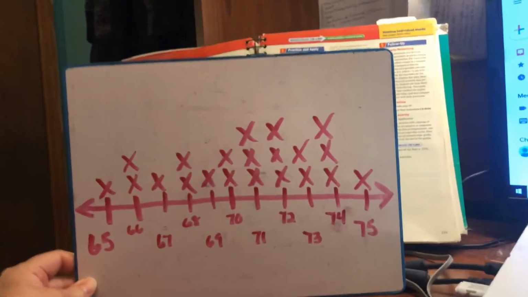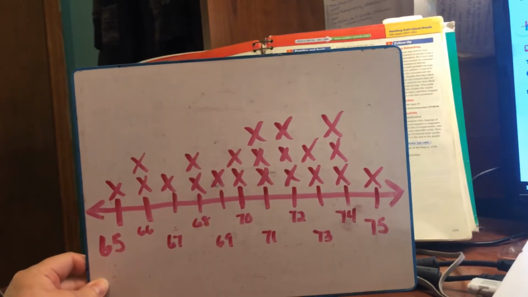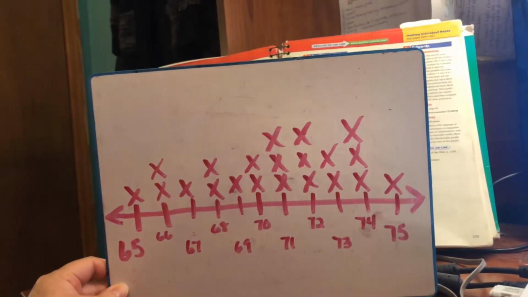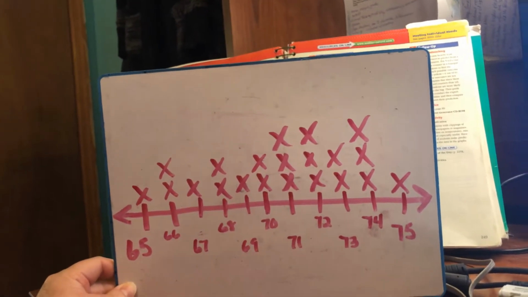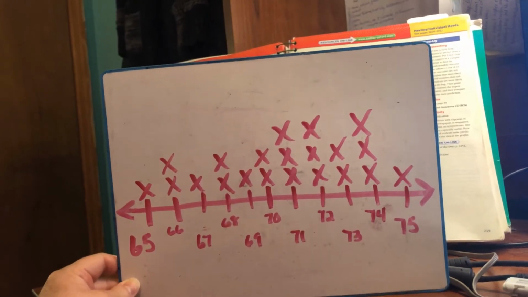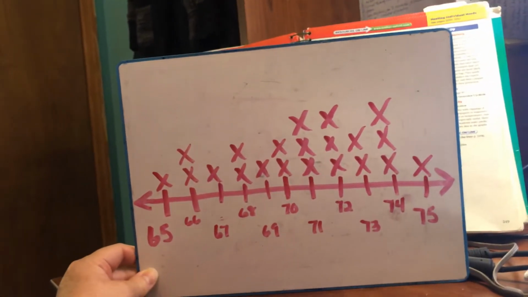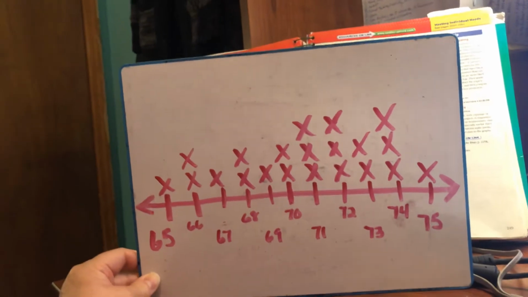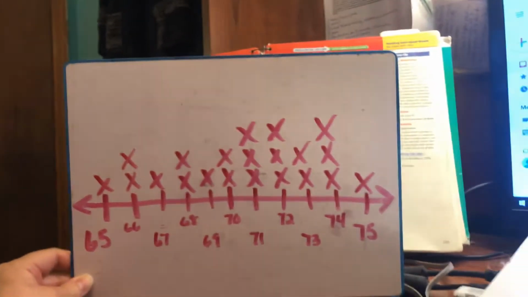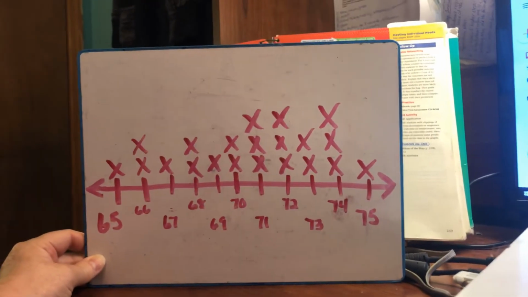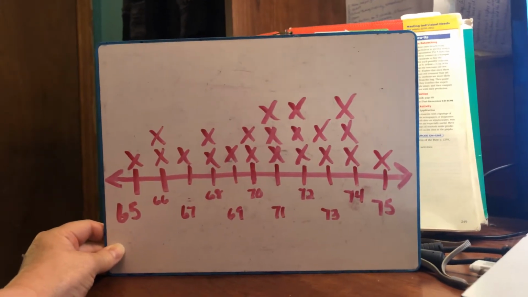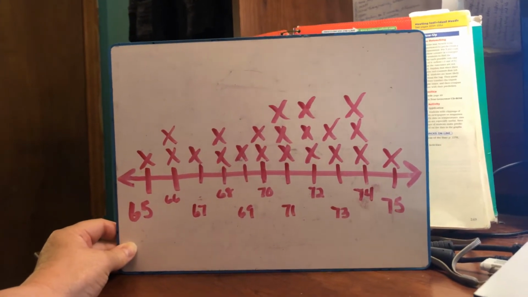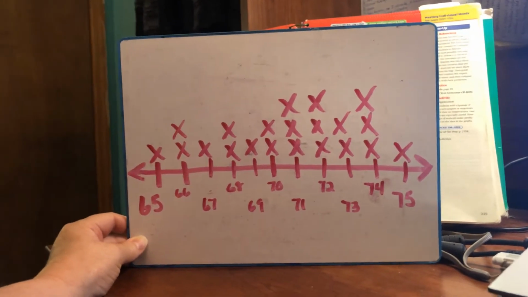Now on this particular line graph, a science teacher in third grade took the daily temperature, which meant she went out at 9 o'clock every morning and took a temperature reading of what the temperature outside was for 21 days, and she recorded her information on a line plot like this.